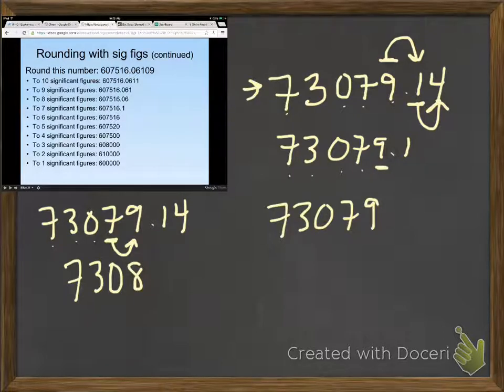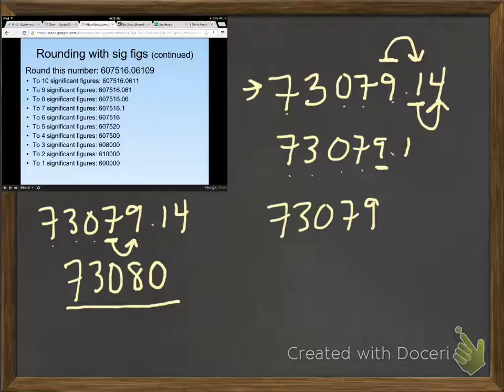Are we done? No. That would change our number drastically. We have to put in a placeholder 0. So what we're saying is that as precise as we can be is 73,080.